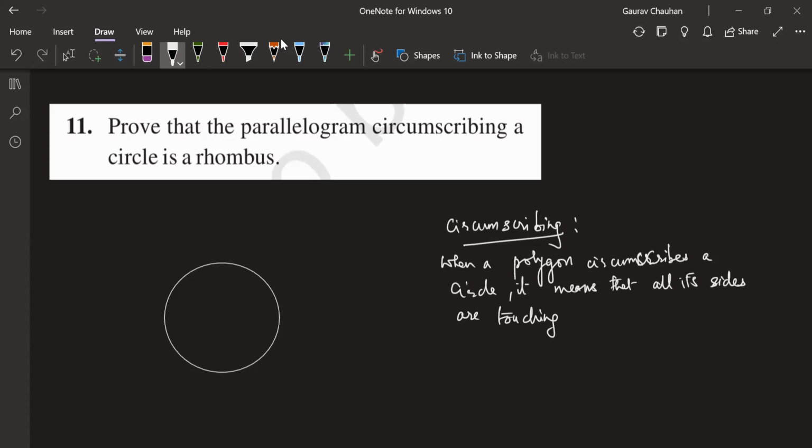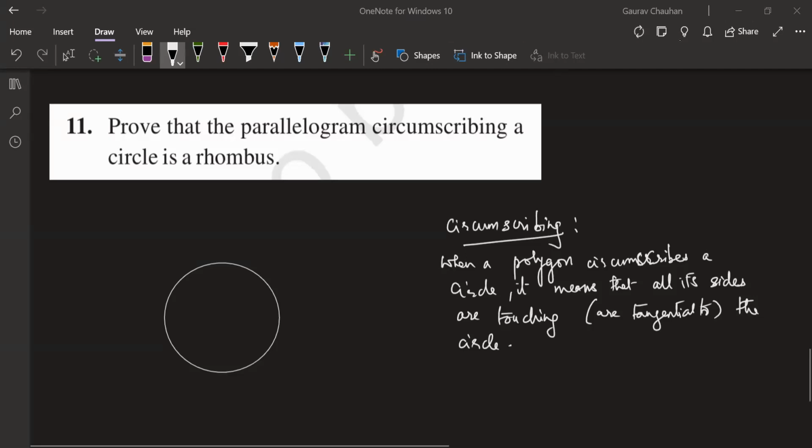Basically, all its sides are touching means they are tangential to the circle. Does this make it very clear, Dikshit?